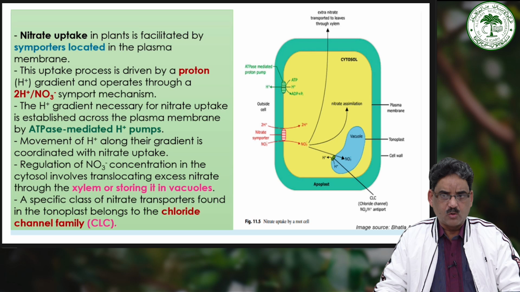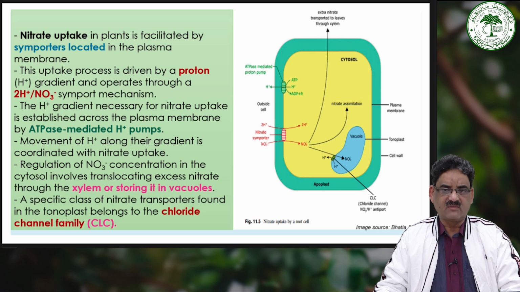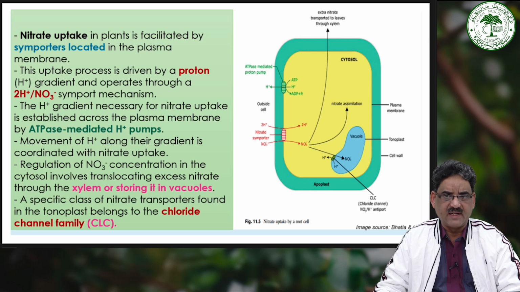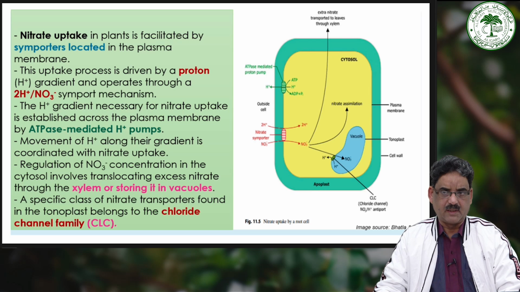Moreover, chloride channel family proteins can serve as either proton-gated anion channels or 2 nitrate/hydrogen ion antiporters, facilitating the transport of nitrate across the tonoplast membrane.